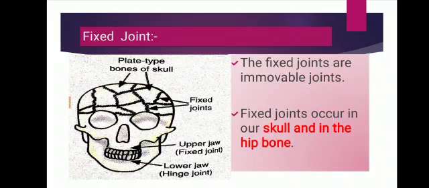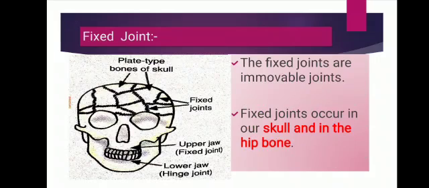So fixed joints occur in our skull, and what is the function of the skull? It protects a delicate organ of our body, that is called the brain. Okay, if we open our mouth wide, we will find that we can move only our lower jaw away, but the upper jaw does not move at all.